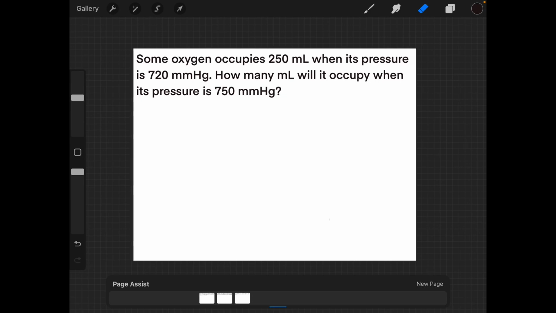The old variable will most likely already be given to you, although in some cases you may have to work backwards to find the old variable instead. In this example, we are given the old pressure, new pressure, and old volume. We are solving for the new volume. To start any problem, I like to write out my variables on the side like this.